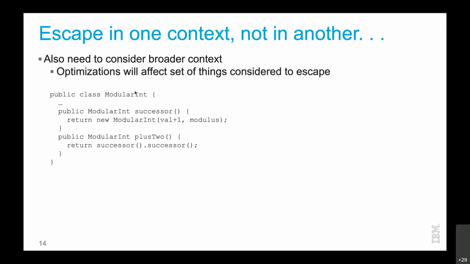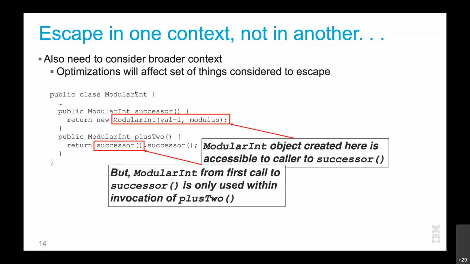So again, if we consider this modular int class that has a successor method, as I said before, the newly constructed modular int is going to be considered to escape from the successor method. But in the context of the +2 method, where we have two calls to successor, the second call to successor simply uses the result of the first call and calls successor on it as well.